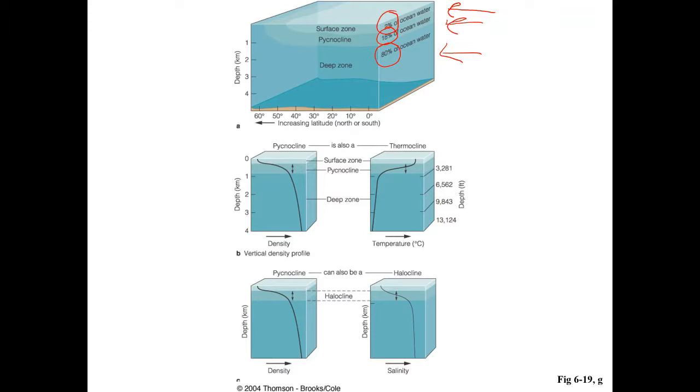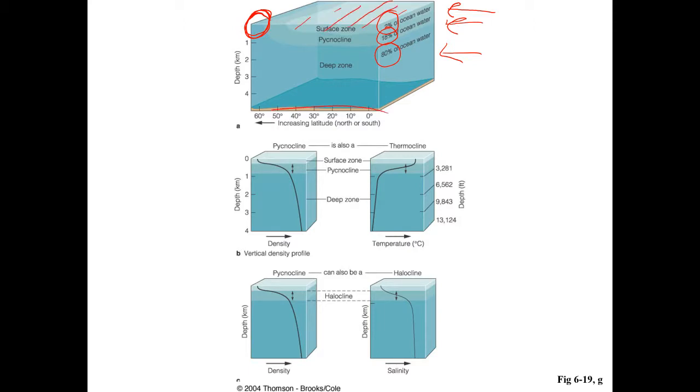So the deep zone, by and large, covers the vast majority of the planet. It, of course, covers the ocean floor, but you'll notice that it also covers the surface layer of the ocean in polar and subpolar regions. You'll notice that the surface layer is the smallest. It's only on the surface, and it only goes from temperate regions to tropical regions.